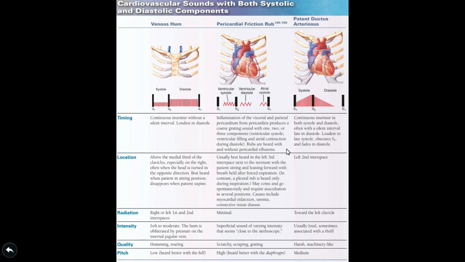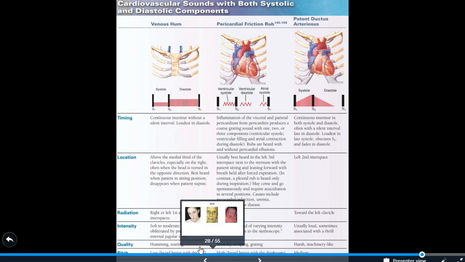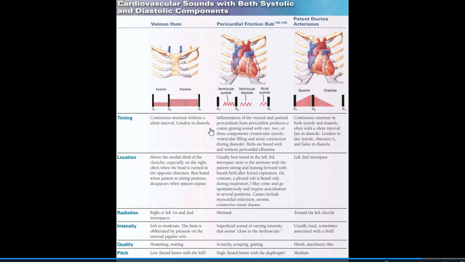Okay, for the cardiovascular sounds with both systolic and diastolic components, there is a venous hum, which is above the medial third of the clavicles, best heard when the patient is in sitting position. Pericardial friction rub, and then the patent ductus arteriosus. Usually the venous hum is a humming or roaring character.